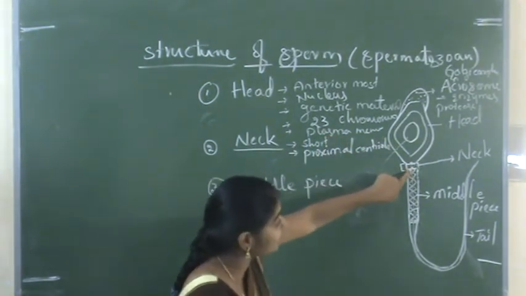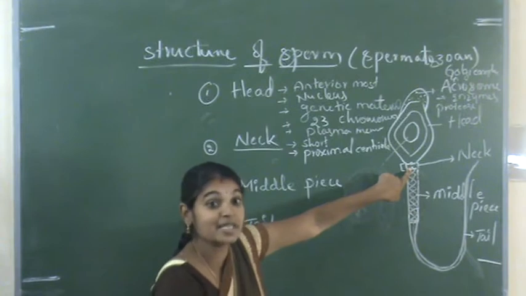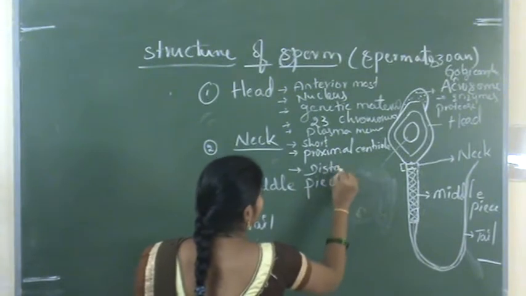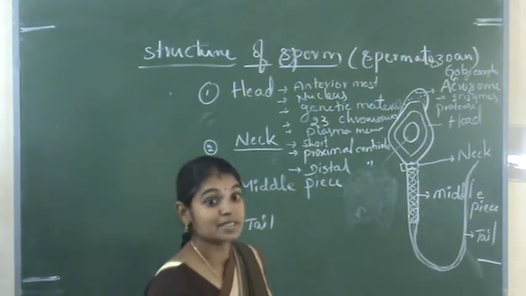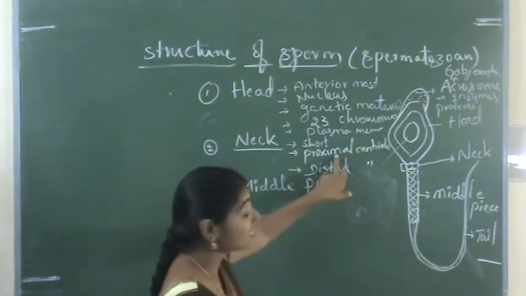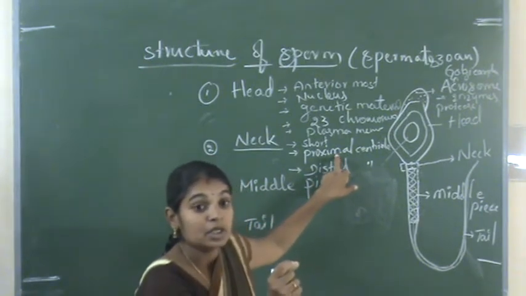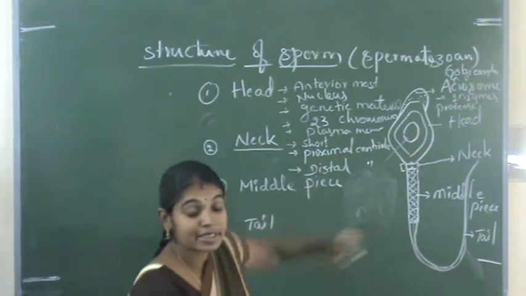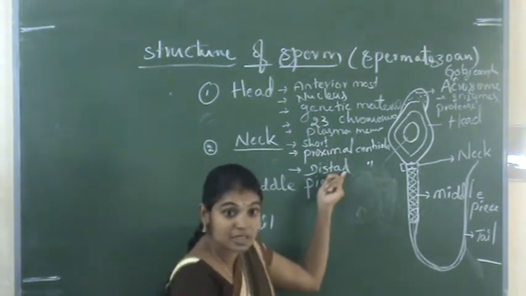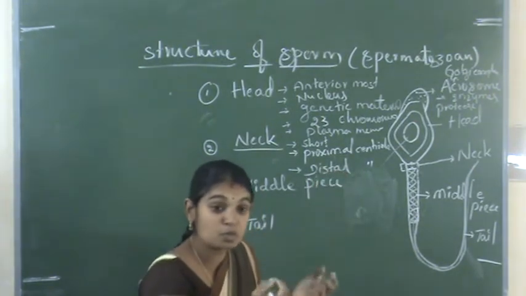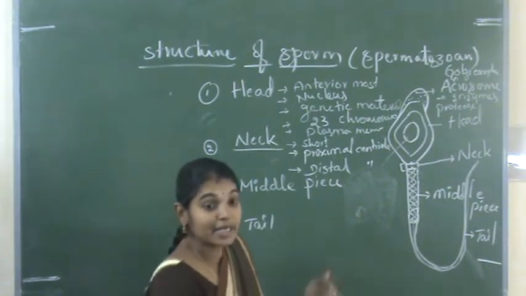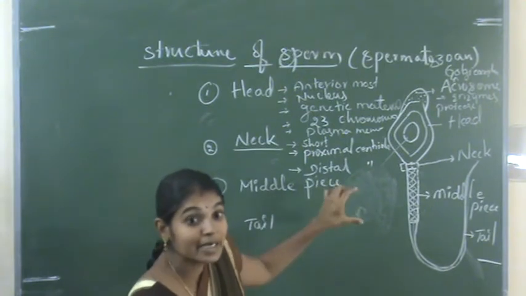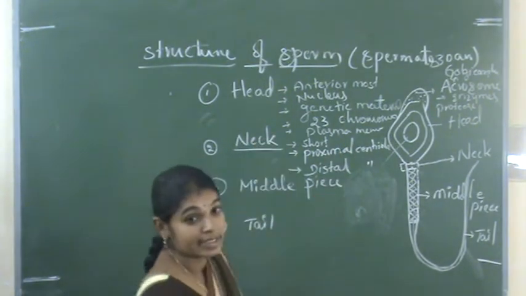The second is known as the distal centriole, which is smaller and is located towards the middle piece. So this is the neck region.